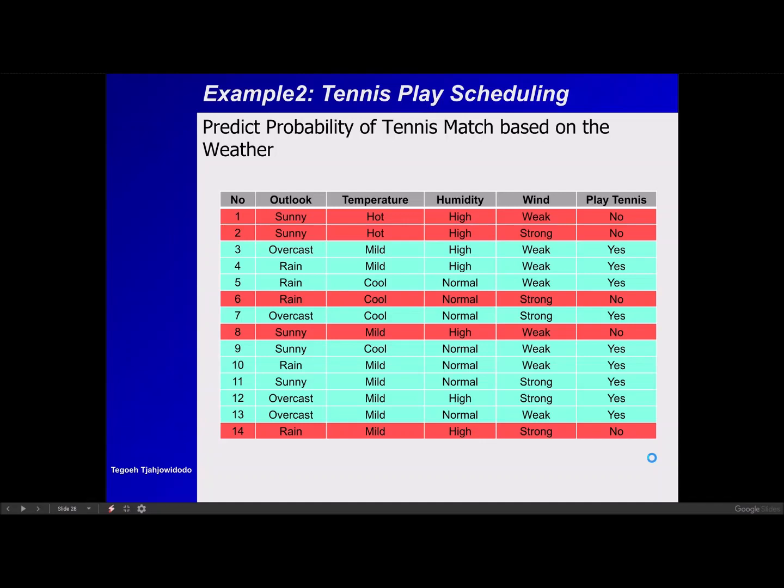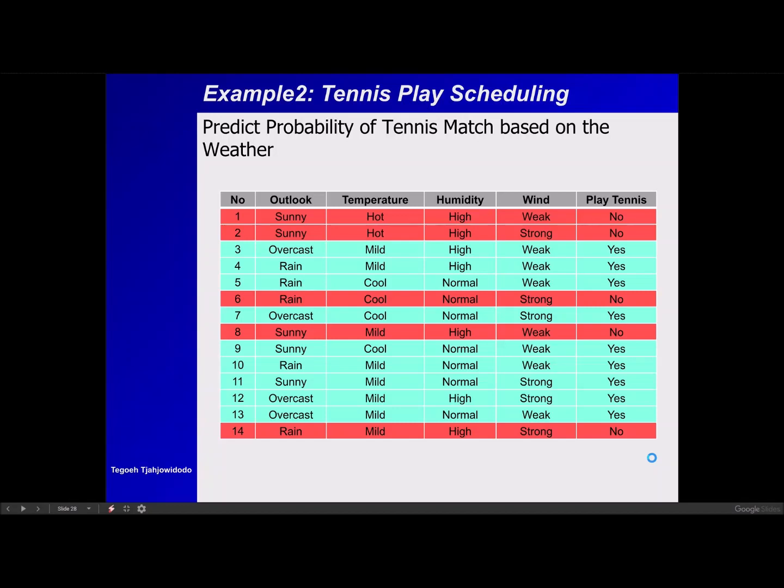We have collected 14 historical data with all of the four weather conditions and the class, whether the tennis match is played or not. So for instance, in the first data set, when the outlook is sunny, the temperature is hot, the humidity is high, and the wind is weak, in the past there is evidence that the tennis match is not played.